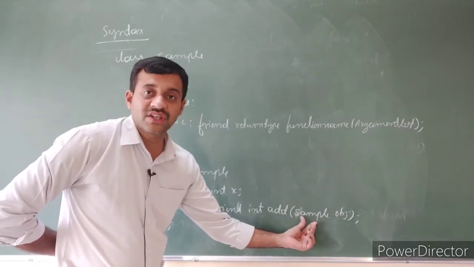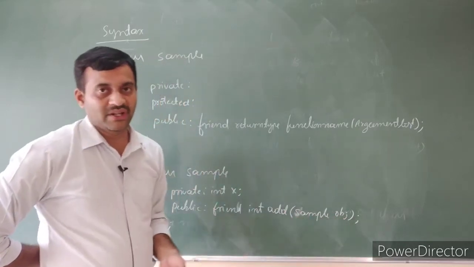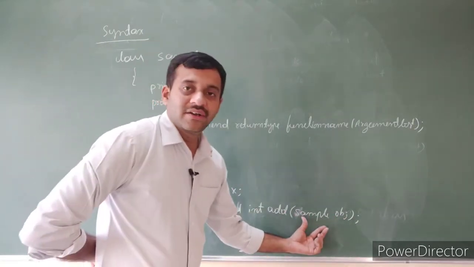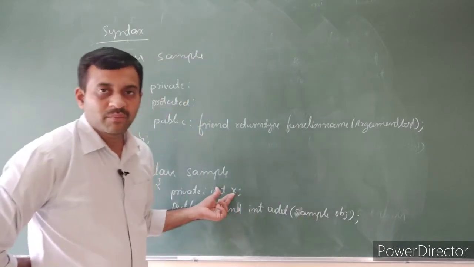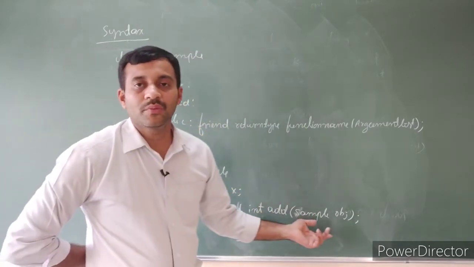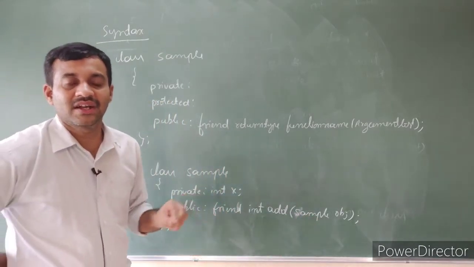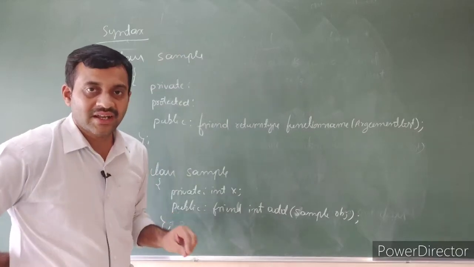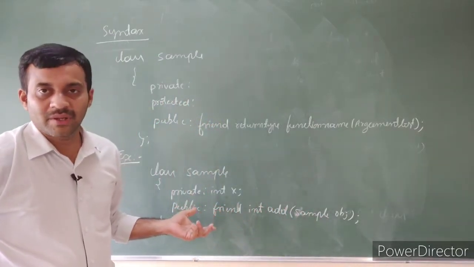Sample is the class, and obj is an object of the class sample. Why? Because a friend function accesses the data members only through an object of the same class. It cannot access data members directly; only through an object can it access the data members.